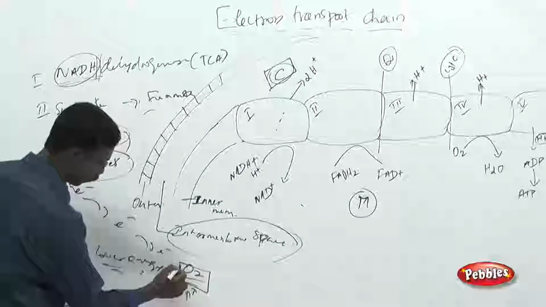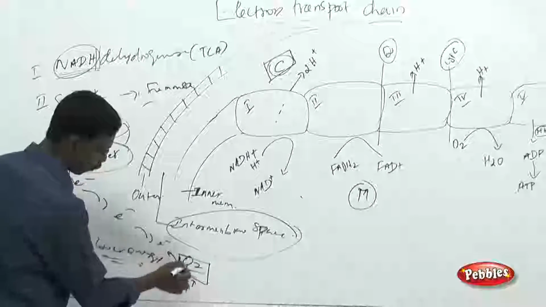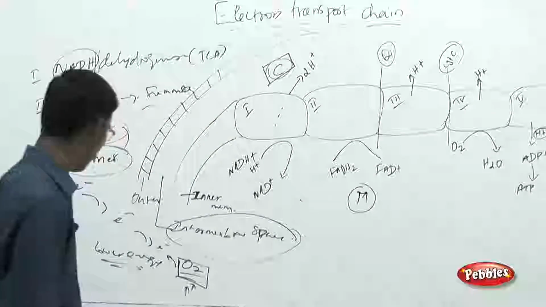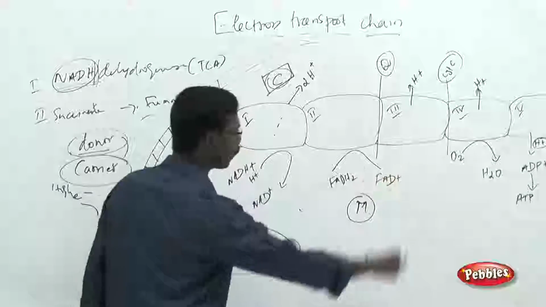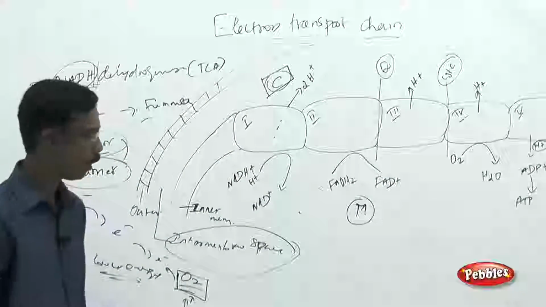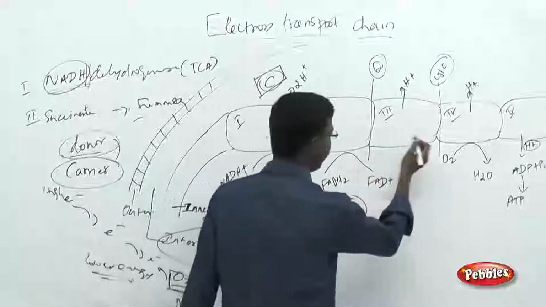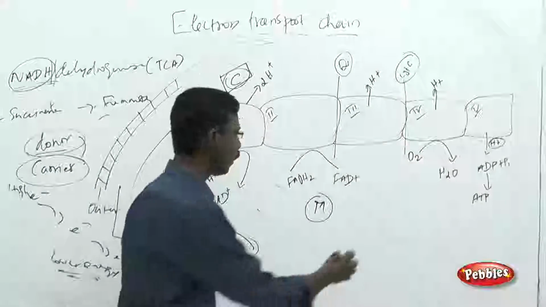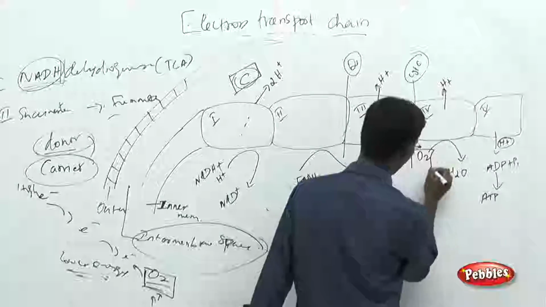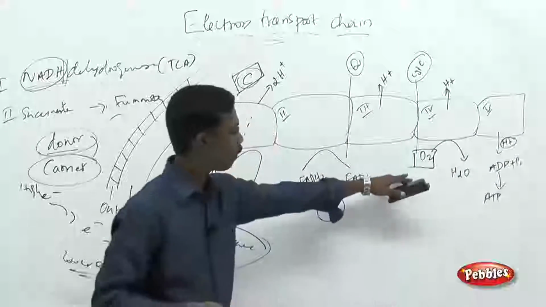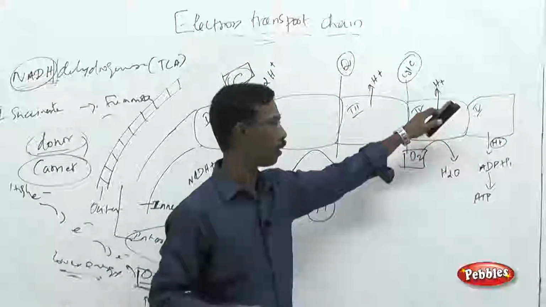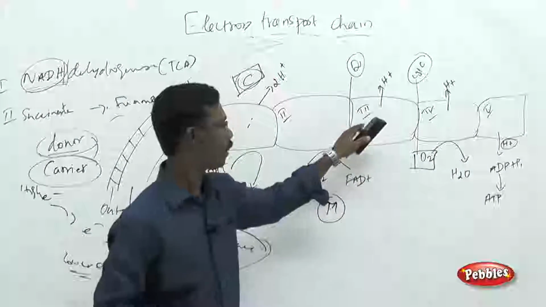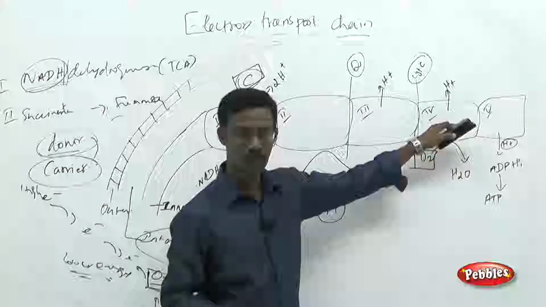So the oxygen atom will pull the electrons towards itself. The complexes are arranged in a sequence in that way, in each and every step. So what is the final electron acceptor over here? Oxygen. The electronegativity of complex 4 will be less than oxygen, and complex 3 will be less than complex 4.